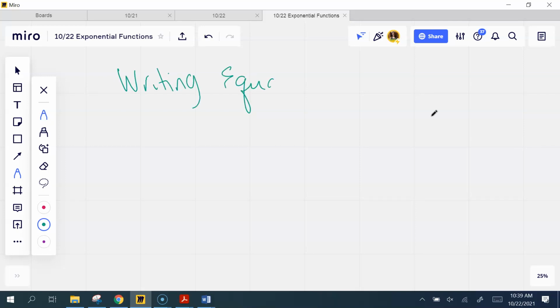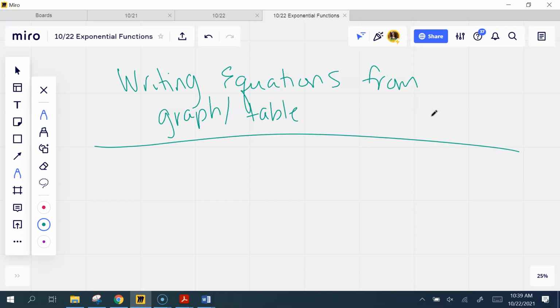I'm going to give you a table of values. And we're going to write the exponential equation based on those values. I'm going to pull this straight from the book. Let's say I had x. You have a couple homework problems that are formatted exactly like this, so I'm going to do the same.